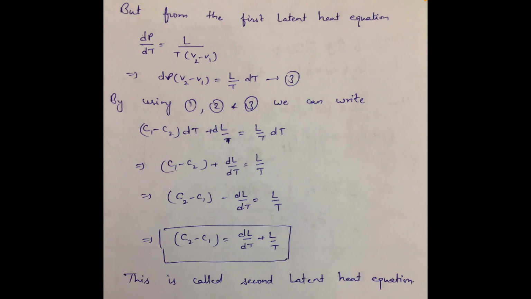which relates the specific heat of a substance in vapor state in contact with its liquid, and the specific heat of the substance in liquid state when it is in contact with its vapors, is equal to dL by dt, that is variation of latent heat with respect to temperature, plus L by T, which will be a constant term.